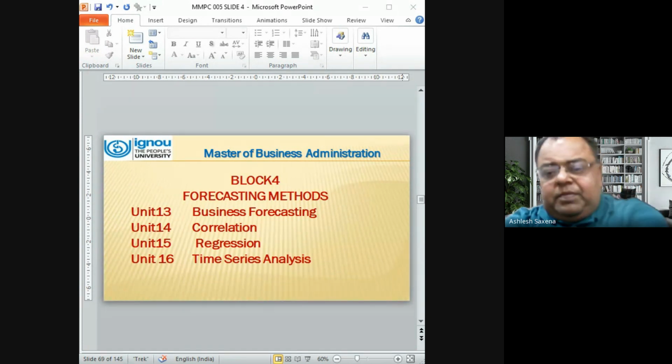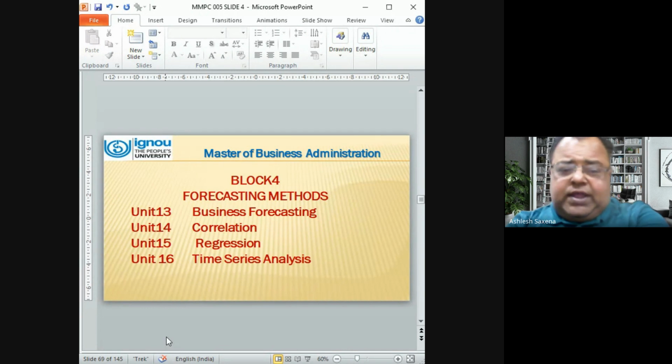Good afternoon, everyone. Today we will be talking about Block 4, that is forecasting methods, which includes four units. Unit 13, business forecasting; Unit 14, correlation; Unit 15, regression; and Unit 16, time series analysis.